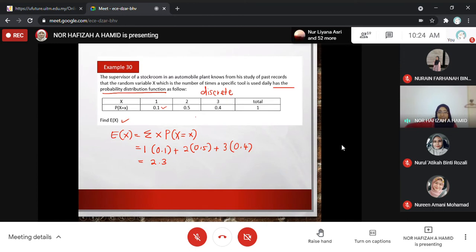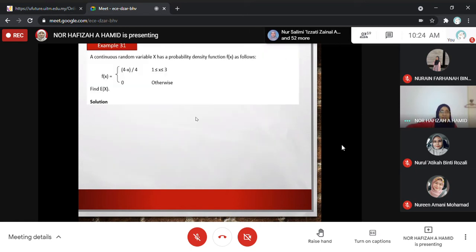Okay, next we have example 31. So example 31 refer to the probability density function. Okay, so example 31 is probability density function refer to the continuous random variables. Okay, so we need to find the expected value. So kalau you refer back the formula for expected value for continuous, dia equal to integrations of X times with Fx dx.